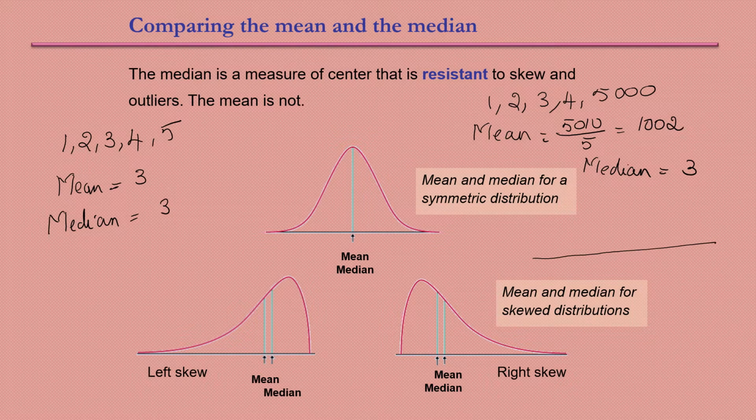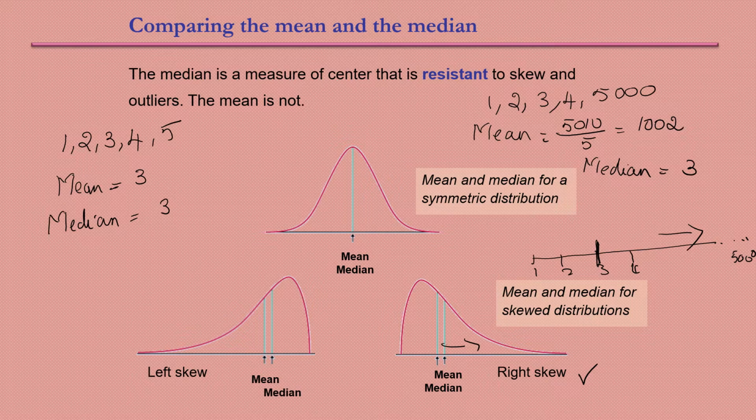If you imagine that we are plotting these points on a horizontal line, 1, 2, 3, 4, and say 5000 is at that extreme end, this mean of 1002 is pulled towards that outlier, whereas the median does not get affected. So this diagram will give you a skewed diagram, right skewed, where the mean is pulled towards the outlier.